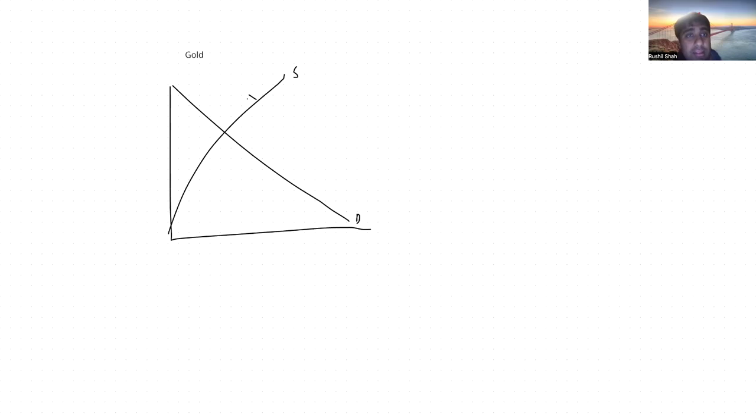So the supply is gonna be like this. Hold on, let me erase this. Thus, you could see that gold is pretty expensive because there's low supply, right? It's scarce. This is an example of a scarce resource, right? So we have a high price, low quantity.